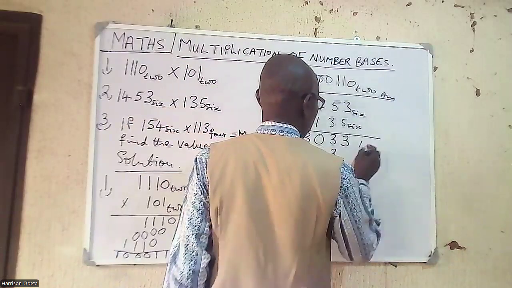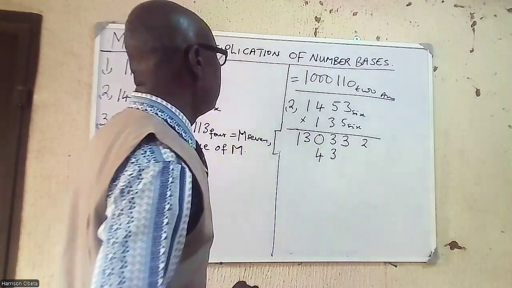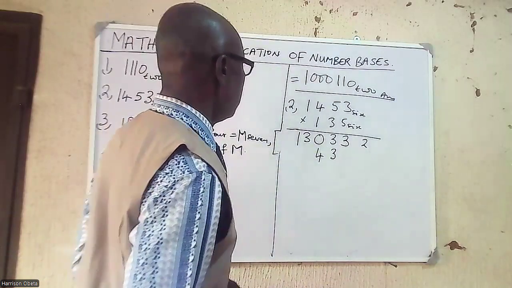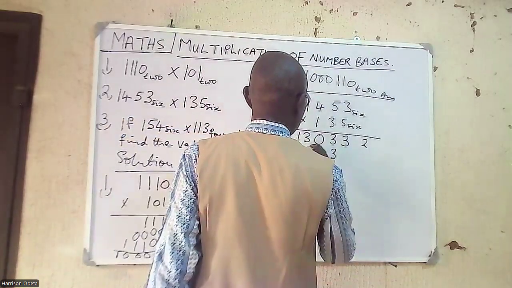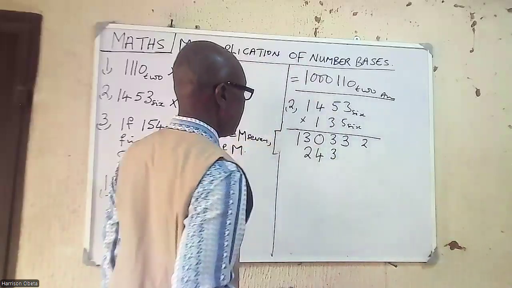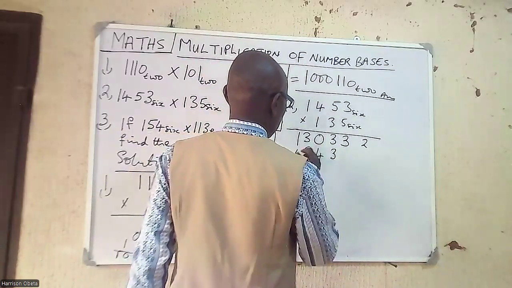So we put our 4, carry 2. 3 times 4 is 12, plus 2 is 14. Check, is 2, remainder 2. Carry 2 again. 3 times 1 is 3, plus 2 is 5. So we have 5 here.